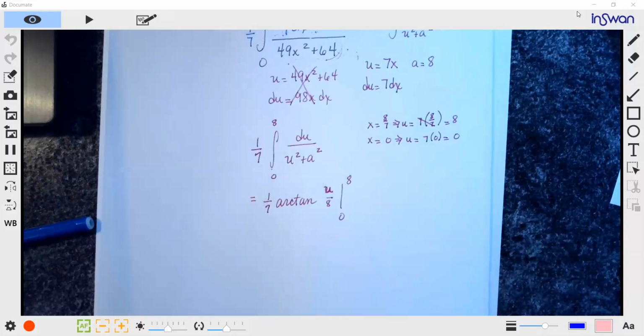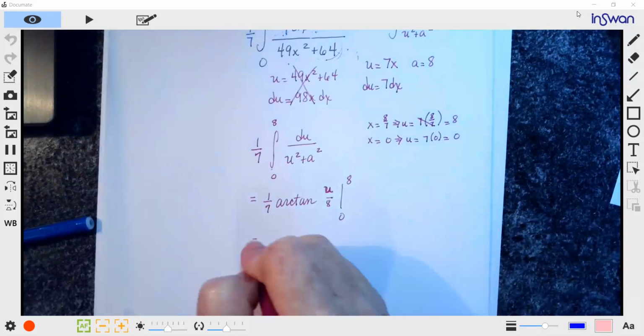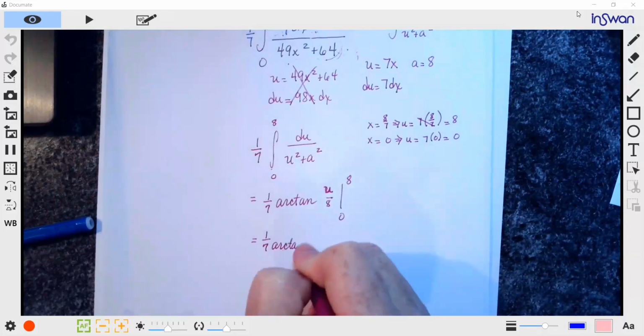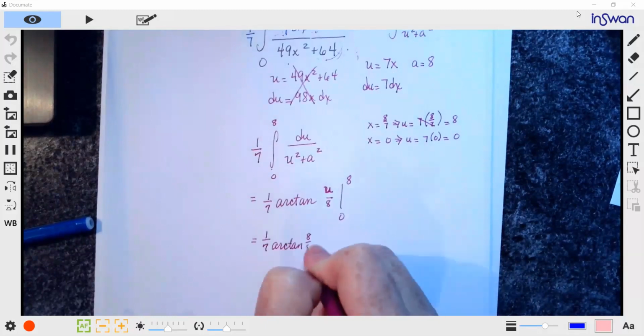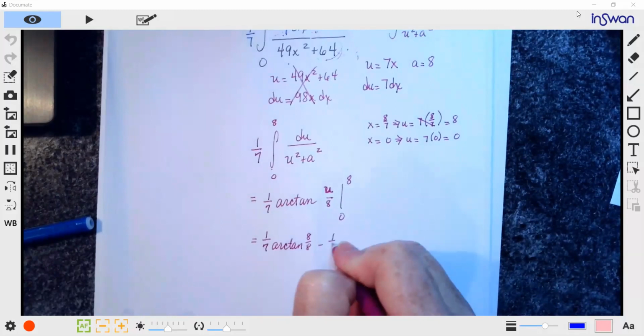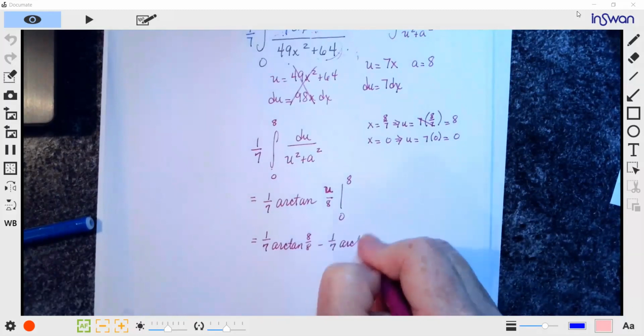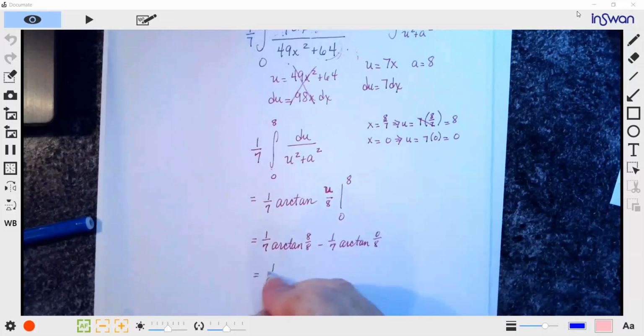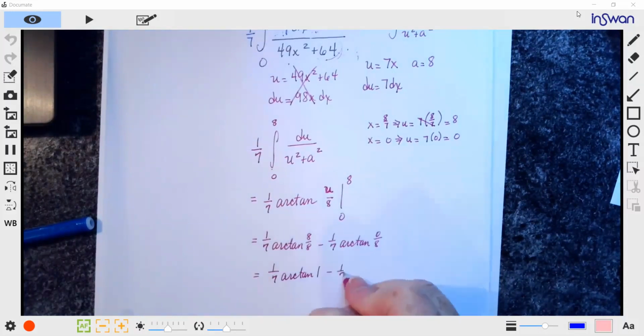All right, now plug in the top limit, and we'll get 1/7 the arctan of 8 over 8. Plug in the bottom limit, we'll get 1/7 the arctan of 0 over 8. So we have 1/7 the arctan, or tan inverse, of 1 minus 1/7 the arctan of 0.